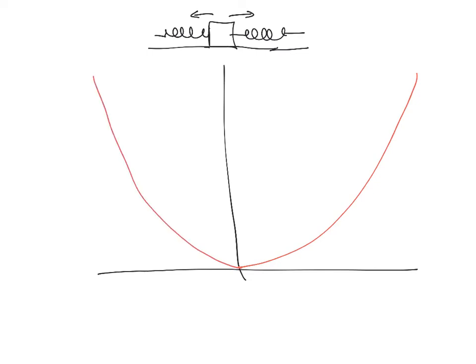This position right here is the equilibrium point for the springs. So this function U of x is 1/2 kx squared.